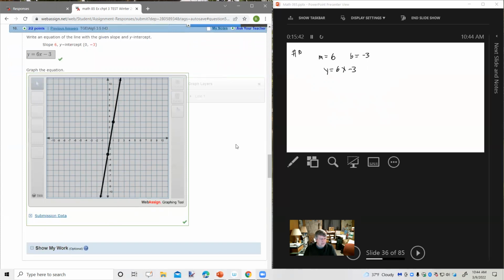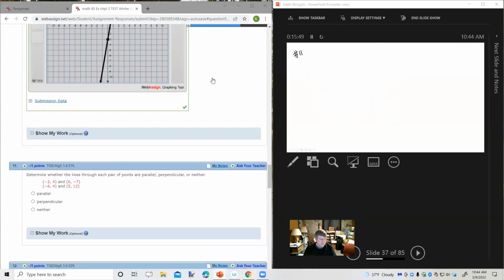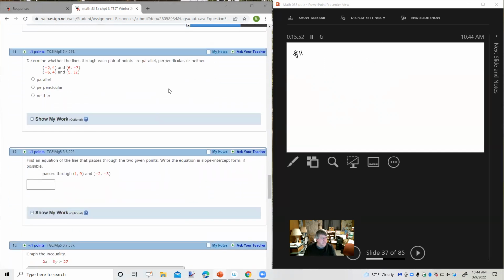Okay, let's take a look at problem number 11. Determine whether the lines through each pair of points are parallel, perpendicular, or neither. Recall, if two lines have the same slope, they are parallel, unless of course they're the same line, but in general they're parallel. If two lines have slopes that are negative reciprocals of each other, they're perpendicular. And if neither of these conditions is met, then it's neither.